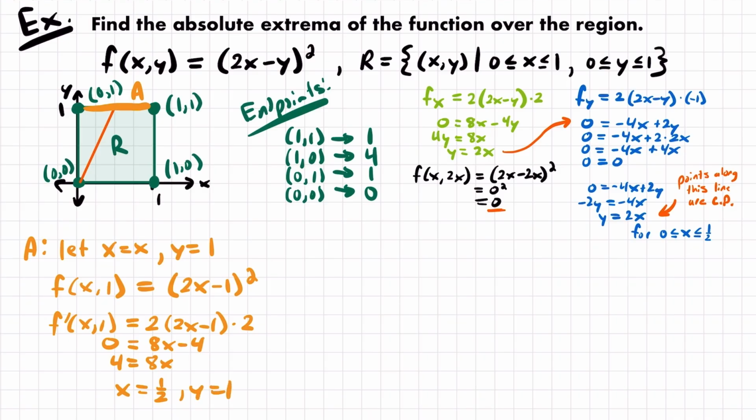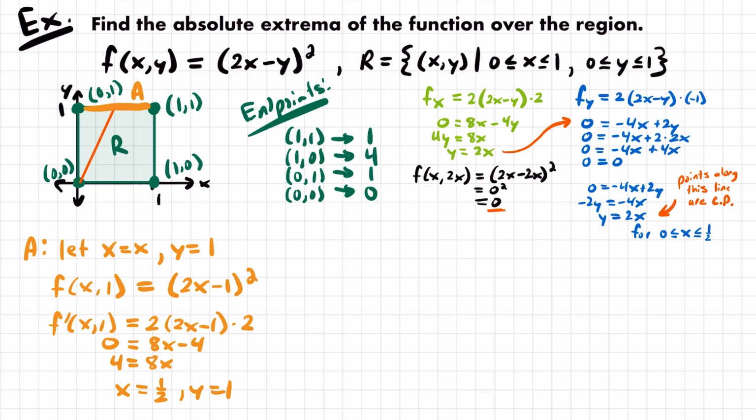But you do want to check to make sure that that would be in the region, right? Sometimes you could find a critical point on this curve that is not included in the region that we're working with, so just make sure that the coordinates would be inside of that region. And so x equals 1 half, y equals 1 would be the point right here. Okay, x equals 1 half, y equals 1.